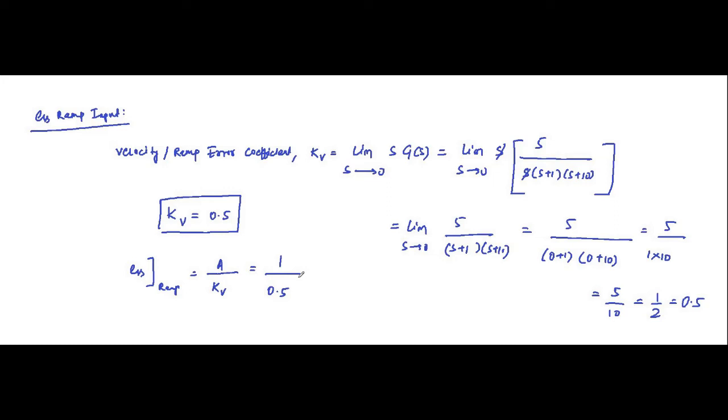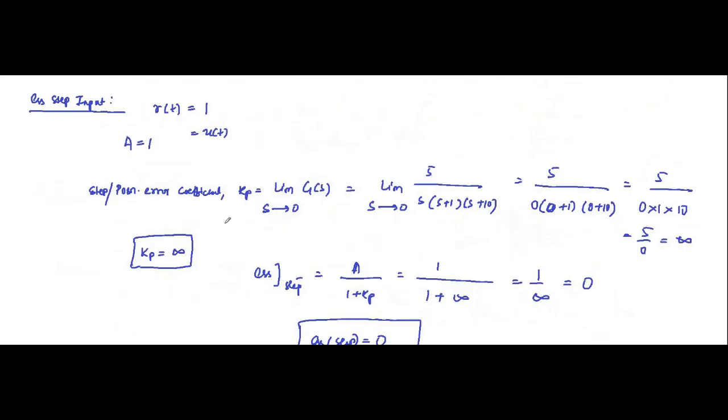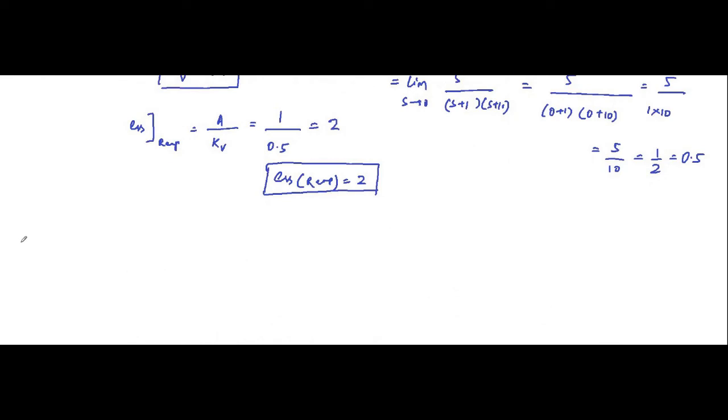So the steady state error due to ramp input is equal to 2.